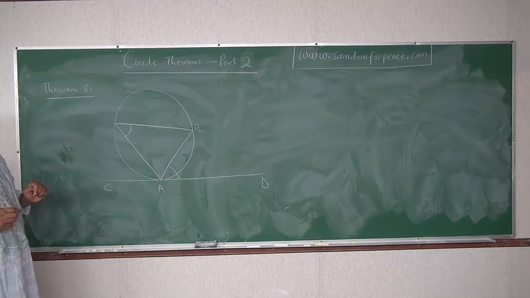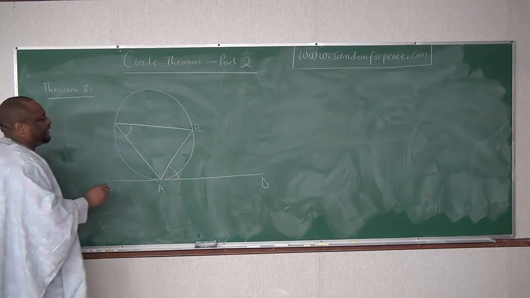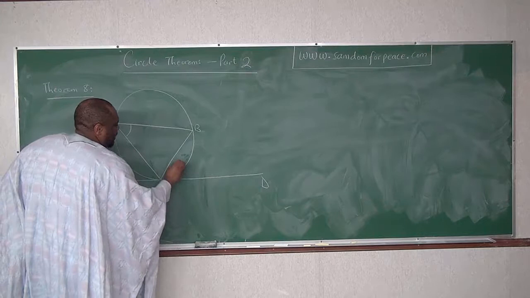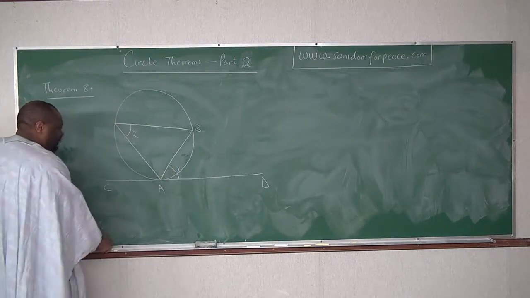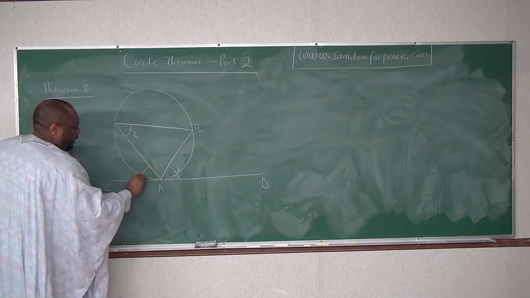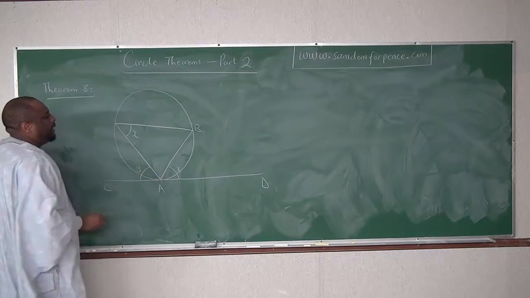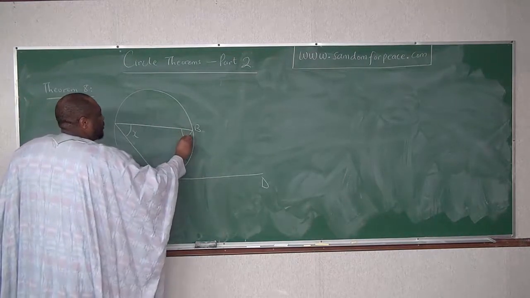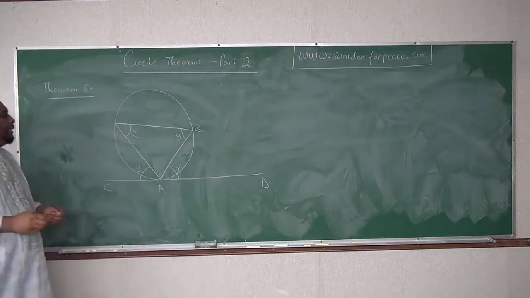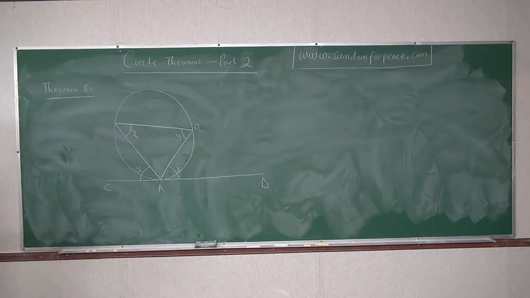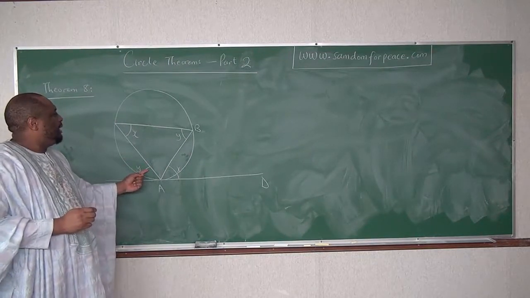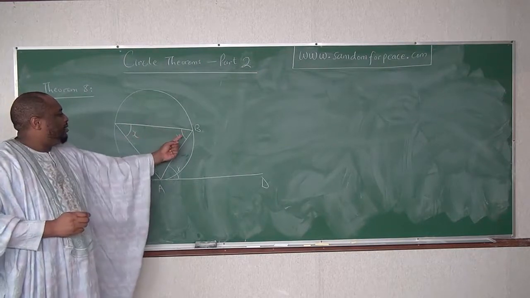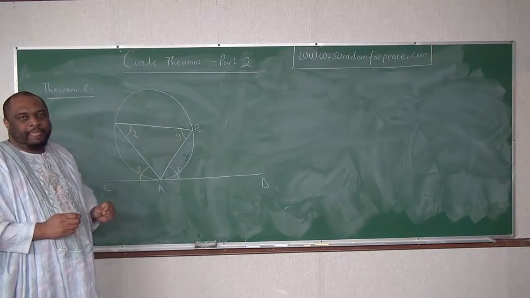If I have this as x, this will be x. And if I call this y, then this here is also y. That is what this theorem is saying: the angle between a tangent and a chord is equal to the angle in the alternate segment.